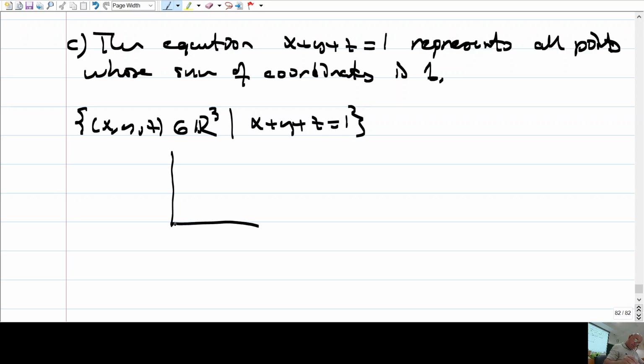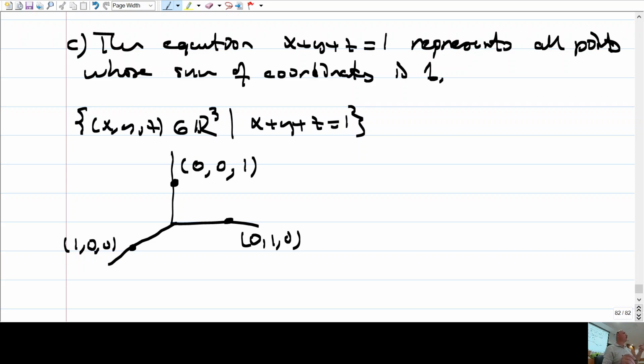Okay. It certainly contains these 3 points, right? 1, 0, 0, 0, 1, 0, and this point is 0, 0, 1. So it contains these 3 points, okay? Because some of these coordinates are 0.